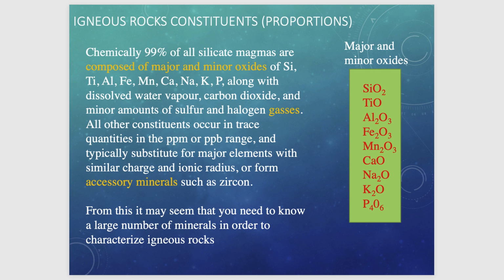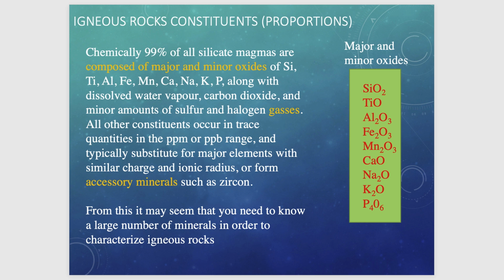So if we give a definition really of igneous rocks, we could say that an igneous rock is essentially the result of the solidification of a silicate magma. And this means that silica is one of the dominant components.